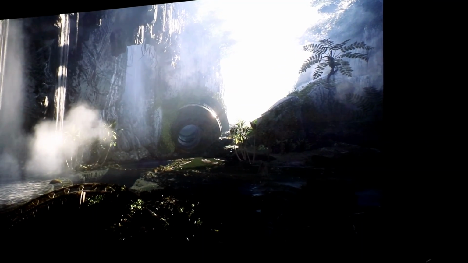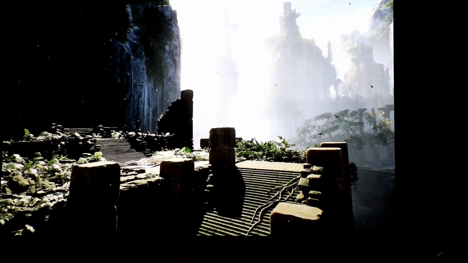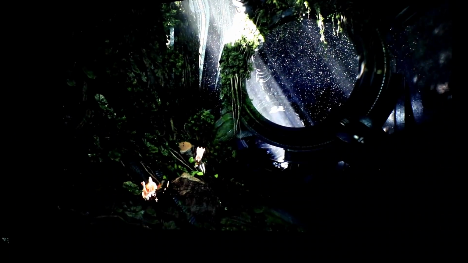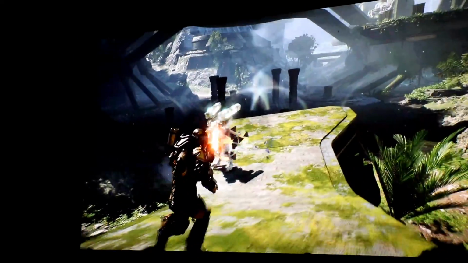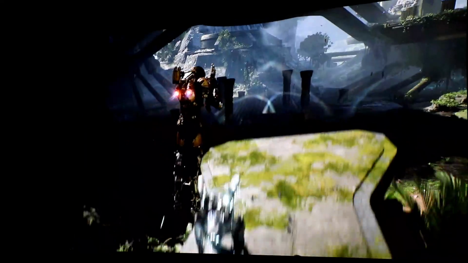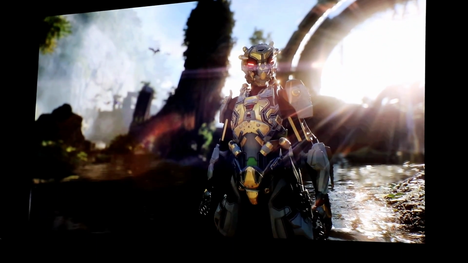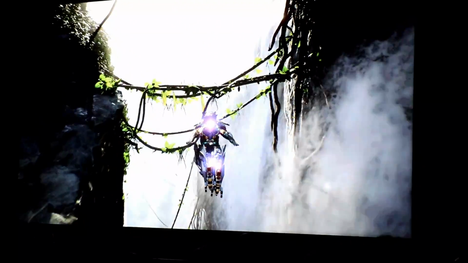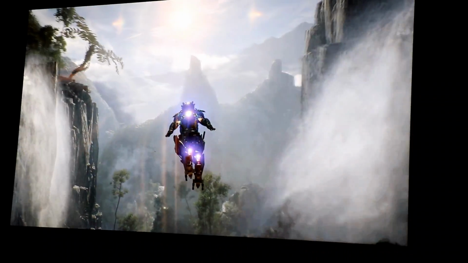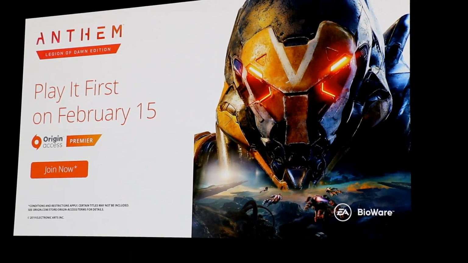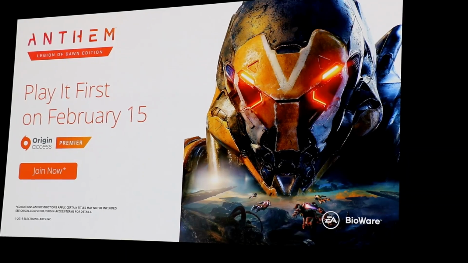NVIDIA takes us one step further by rendering our game with more precision and higher quality textures. Javelins, creatures, and combat have never looked better. We are happy to announce that we are working with NVIDIA to bring DLSS technology to Anthem. Check out Anthem on PC with Origin Access Premier on February 15th.